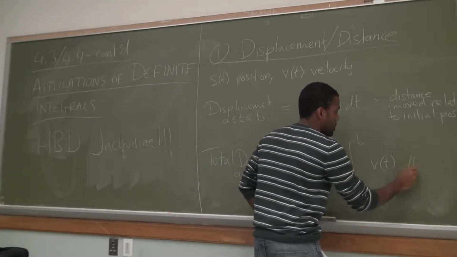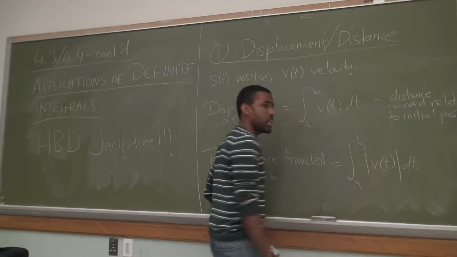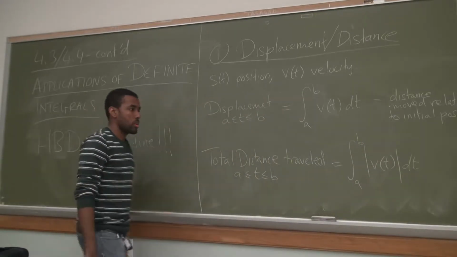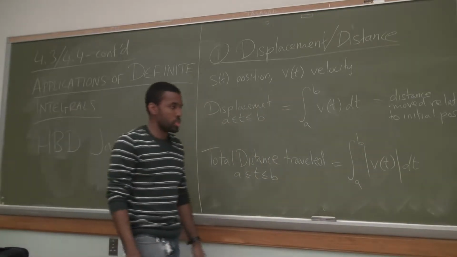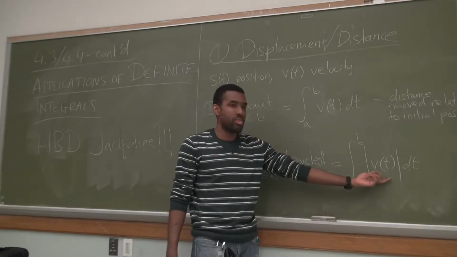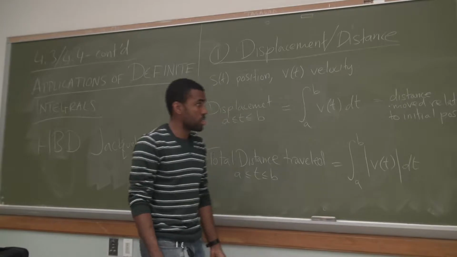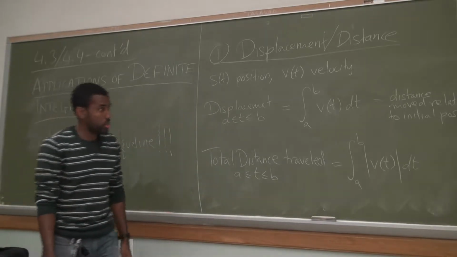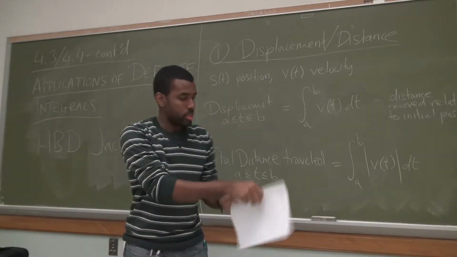The difference is we want to get rid of those negative distances, right? So you just put absolute value, and that's the only difference. So whenever you travel and get a negative area, you make it positive. And that will tell you the total distance you traveled. And that's basically it. Let's do an example.